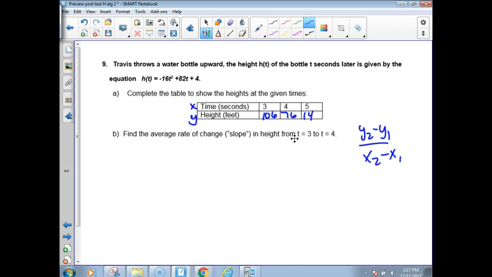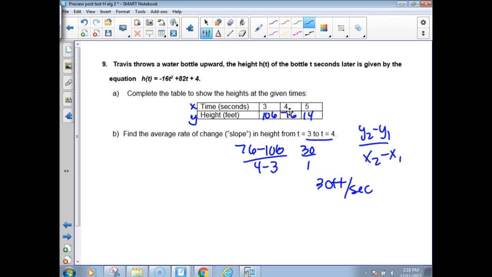So I'm going to be doing it from 3 to 4 seconds. So I have to do 4 seconds for 76 minus 106 over 4 minus 3. And that's 30 over 1, which should have a label of 30 feet per second. The rate of change over the period of 1 second there is 30 feet per second.